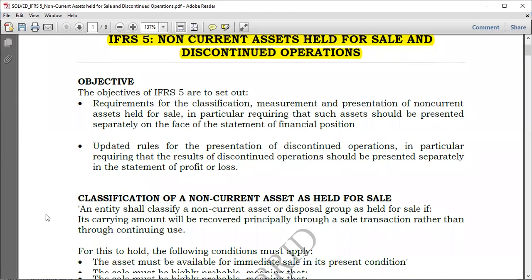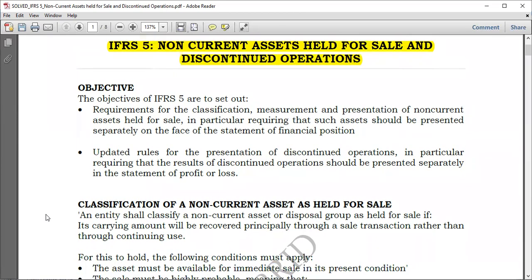All right. So as you see, the name of the standard, the objective here is to set out requirements for the classification, measurement, and the presentation of non-current assets held for sale. How do we measure them? How do we present them in the financial statements?